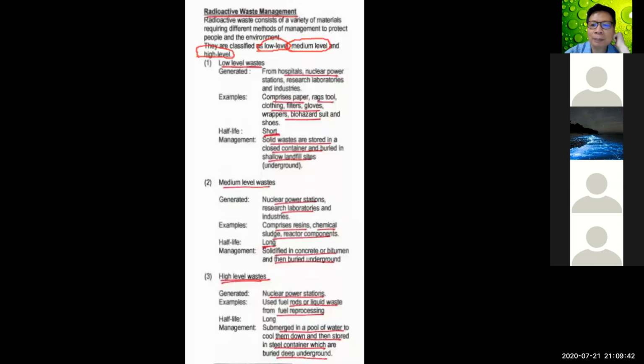Buried underground. Solidified in concrete or bitumen and then buried underground. Yes, must solidify them first, make it like a brick or like bitumen, and then only bury underground. Okay, right, thank you. Next one.